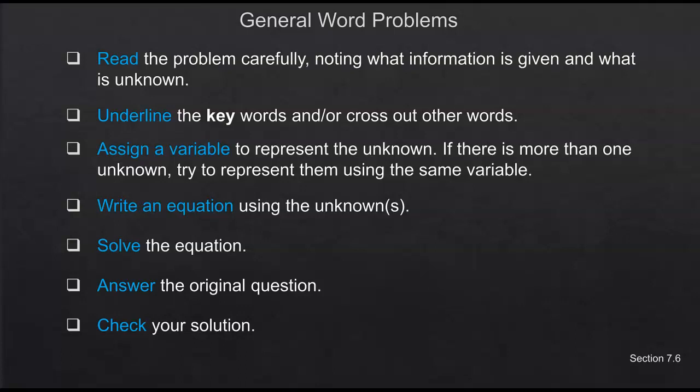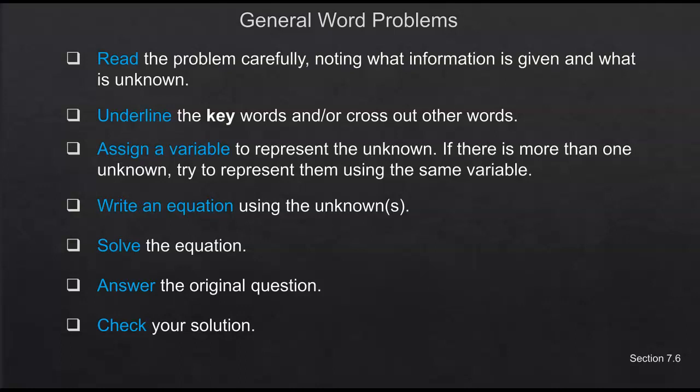If there is more than one unknown, try to represent them using the same variable. You don't want more than one variable in an equation that you have to solve, because you wouldn't be able to solve it. That only works if it's a system of equations. Write an equation using the unknowns, solve the equation, answer the original question. Sometimes after you solve, you still have to go another step to actually answer the question, and then check your solution.